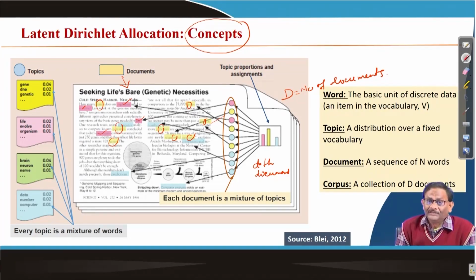So pictorially, this is the concept. If you can do this, that means if there is a bag of words, suppose all the words after the text pre-processing, whatever you got, that is the bag of words. From this bag of words, you will find out the certain important words which are representing certain themes or certain topics.